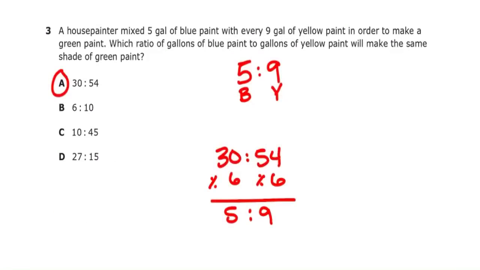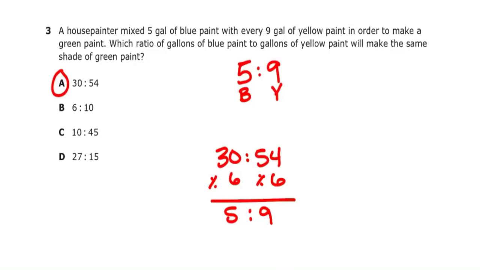Number 3, a house painter mixed 5 gallons of blue paint with every 9 gallons of yellow paint in order to make a green paint. Which ratio of gallons of blue paint to gallons of yellow paint will make the same shade of green paint? So I have the ratio. The ratio is 5:9. The answer is A in this case.